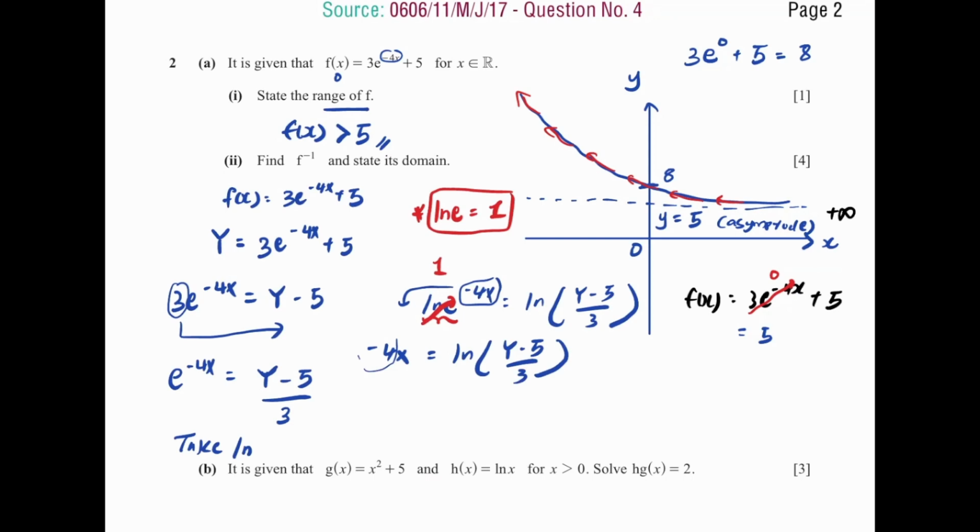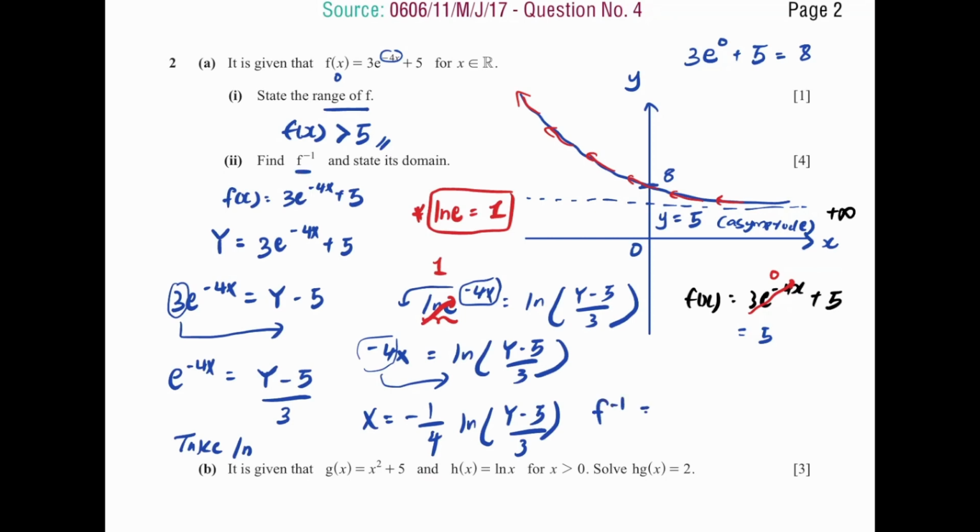Take the negative 4 and move it down, so x is negative 1 over 4 ln of y minus 5 over 3. Last but not least, change the y back to x and write f inverse.